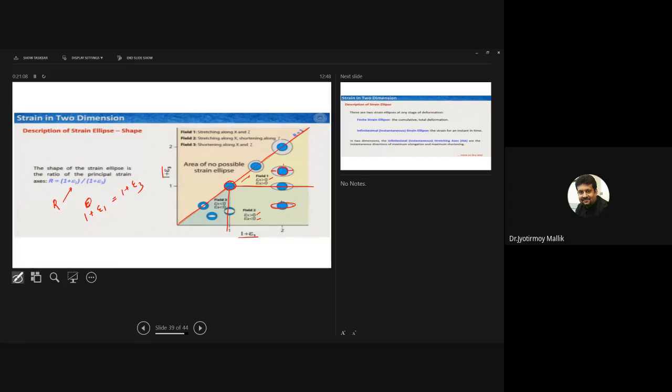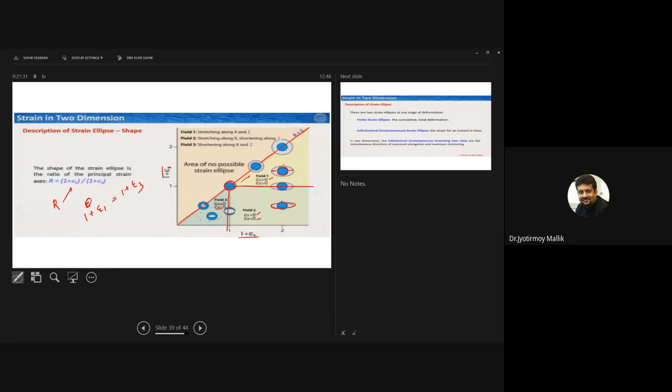Okay. In this field, epsilon 1 is less than 0 and epsilon 3 is less than 0, is the green field. That means in both directions, it has reduced. And here, epsilon 1 remains 1, but epsilon 3 is less than 0.